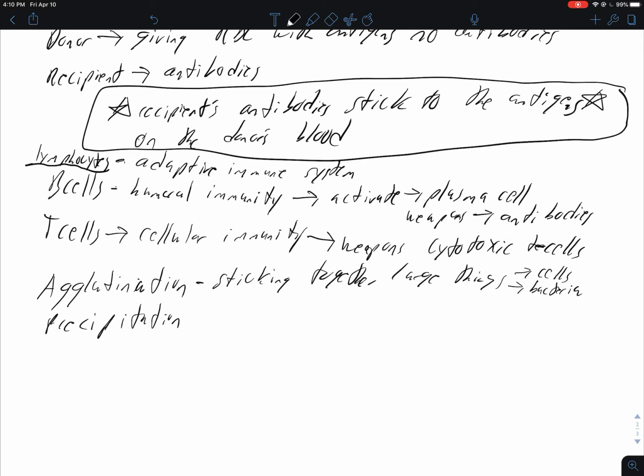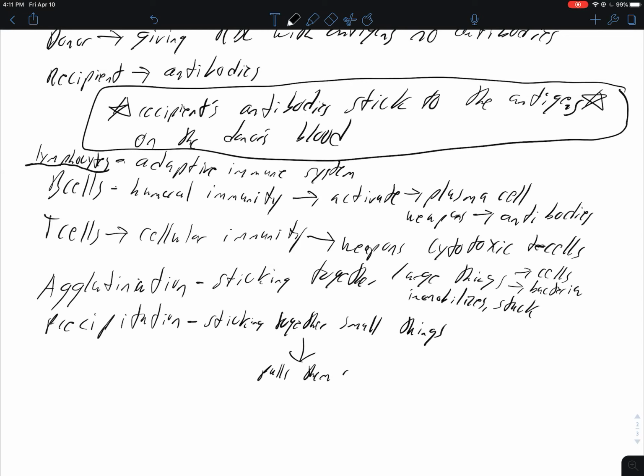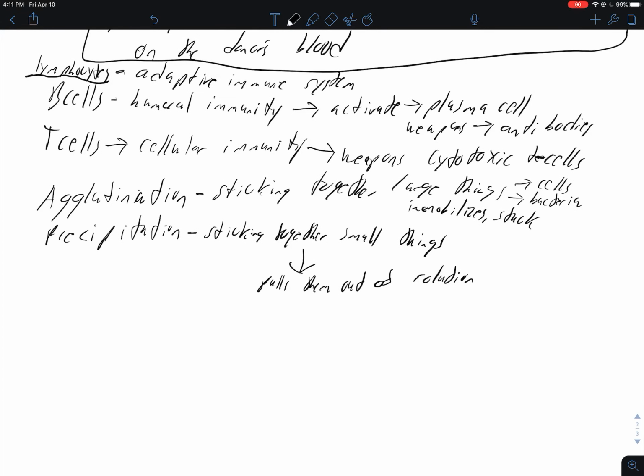And then that pretty much immobilizes them, gets them stuck in places. Okay, precipitation is sticking together small things, and then what that does is that pulls them out of solution.